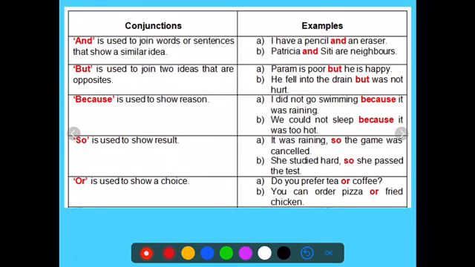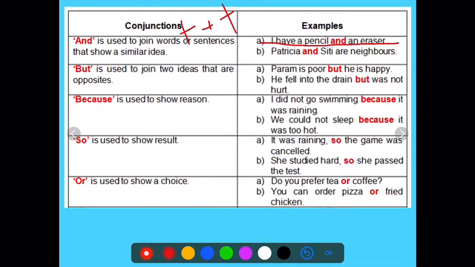For example, the first conjunction we have here, and, is used to join two words or sentences that show a similar idea. This means positive idea plus positive idea, because it's going to put together two words, two sentences that are positive. For example, I have a pencil and an eraser.